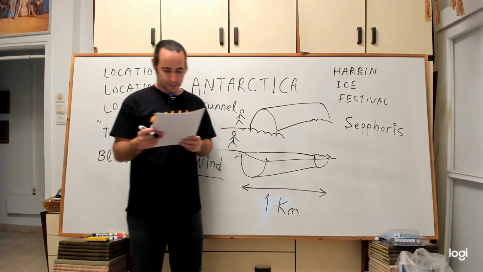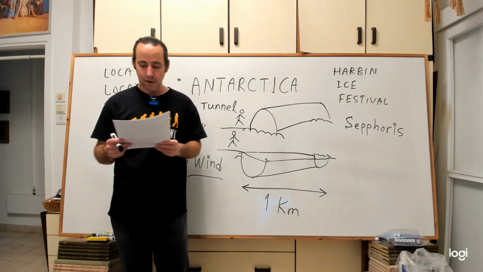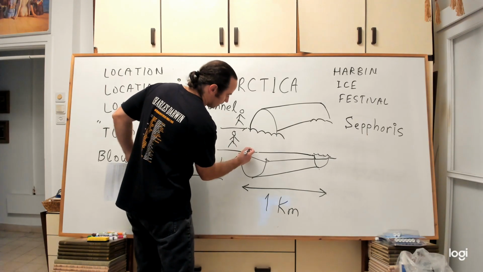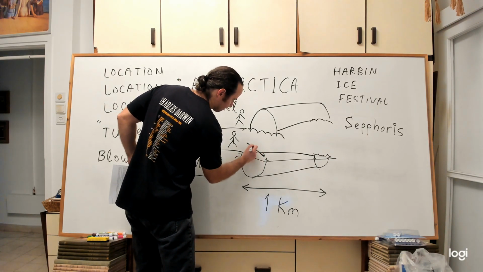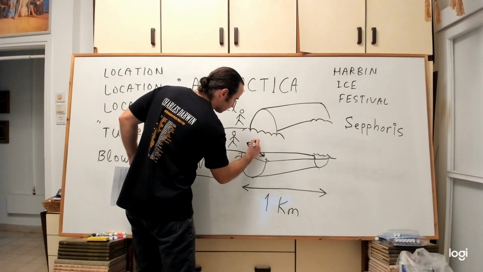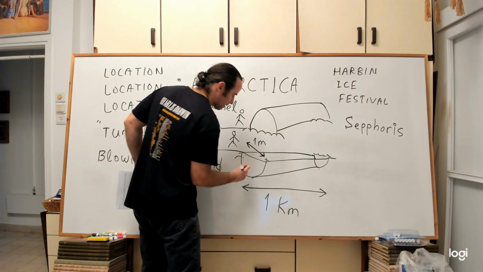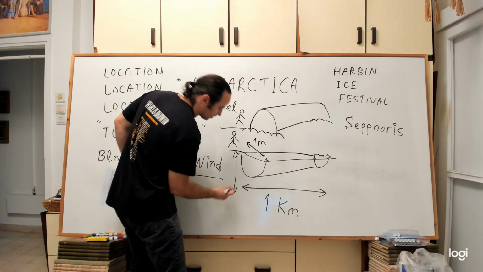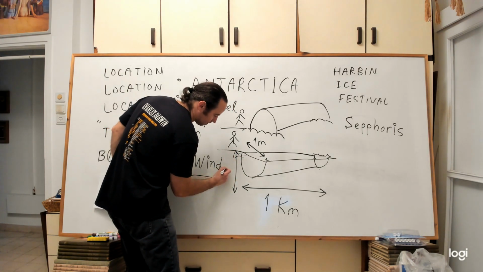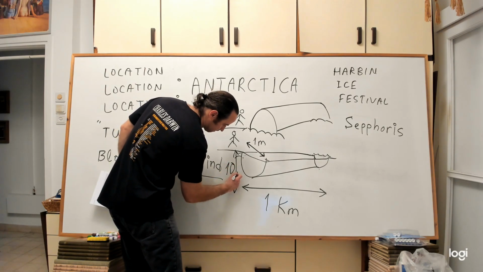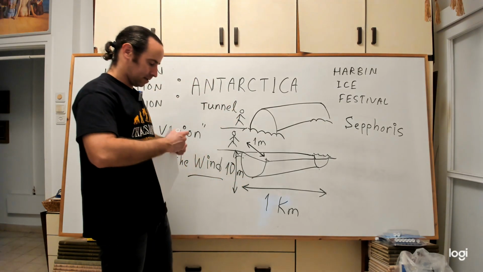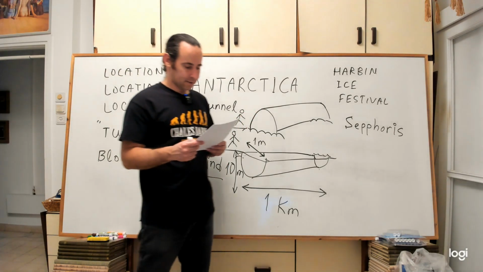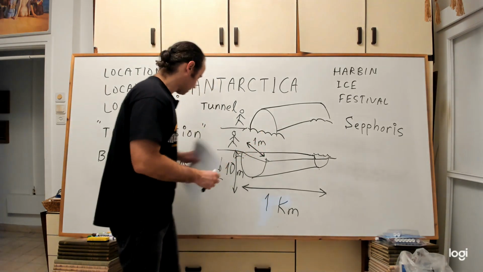Long, a few meters tall, and 1 meter wide. So from here to here, it's 1 meter, and from here to here, it's a few meters, let's say 10 meters. Between 5 and 10 meters, let's say 7.5 meters.